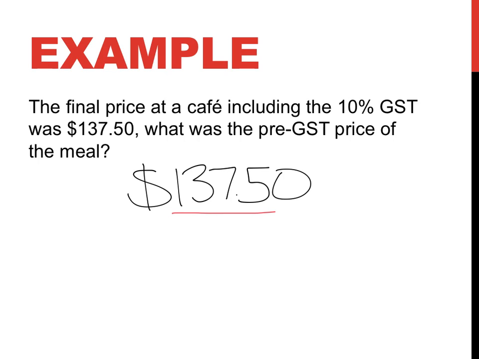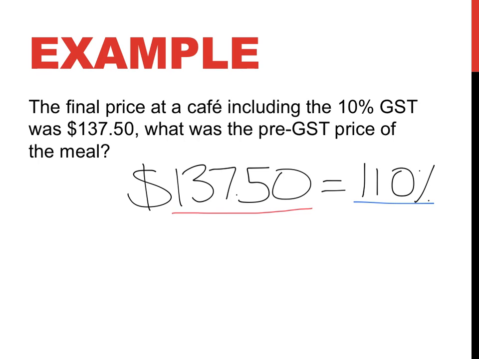This $137.50 represents all of the initial cost plus 10%. So this equals 110%. If I want to find out the cost before GST, I don't want 110%. I only want 100%. Because it is a percentage, it's part of the total. It's not 10%, it's 110%.